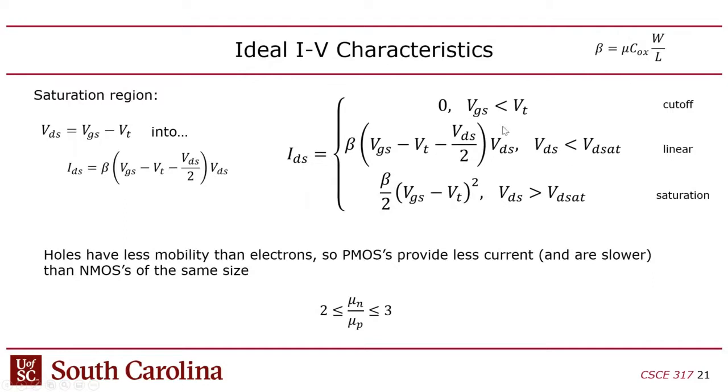The only difference, in order to derive the saturation equation, is that you just take the voltage drain source, and you see this term right here, voltage drain source, and you substitute for that VGS minus VT, and that'll give you the saturation.